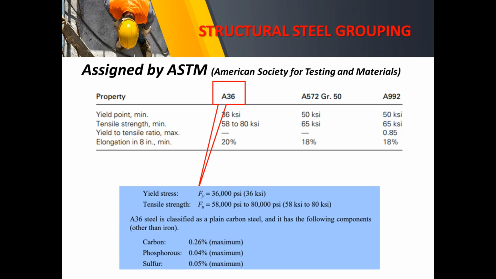The tensile strength, or the ultimate strength, will be equal to 58,000 to 80,000 psi. A36 steel is classified as plain carbon steel. It is plain, with minimal amounts of carbon, phosphorus, and sulfur.